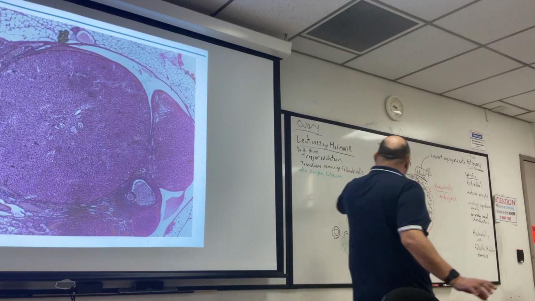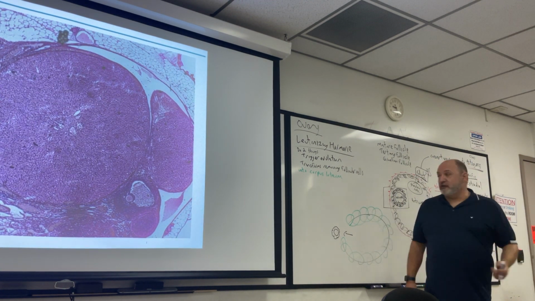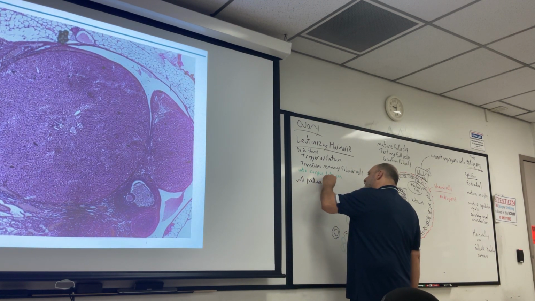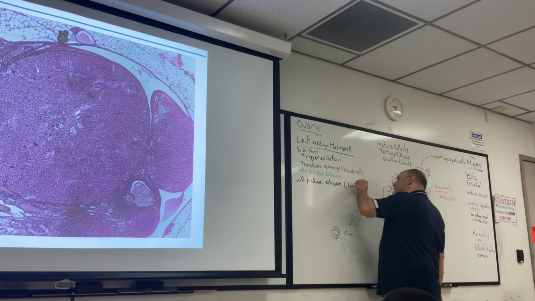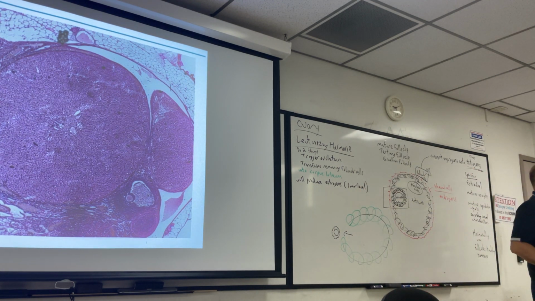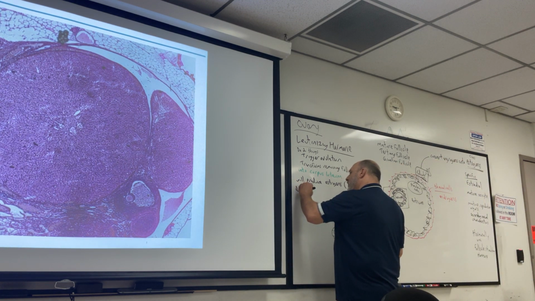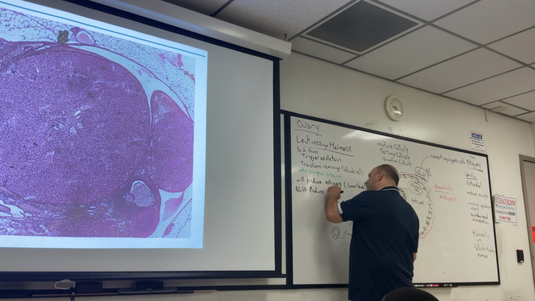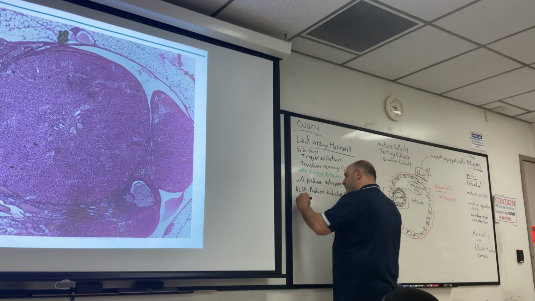What's special about this corpus luteum is the corpus luteum, not surprisingly, it was made of follicular cells, will produce estrogens, but at a lower level. The key to the corpus luteum is not only does it produce estrogens, but it also produces a second class of hormones, progestins.